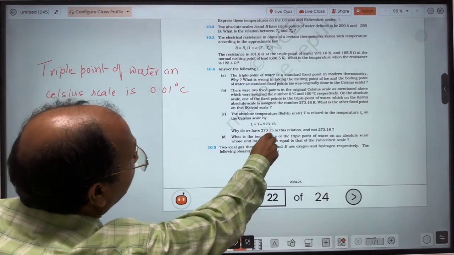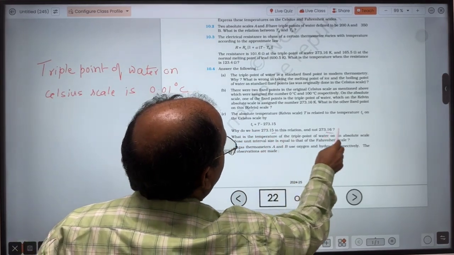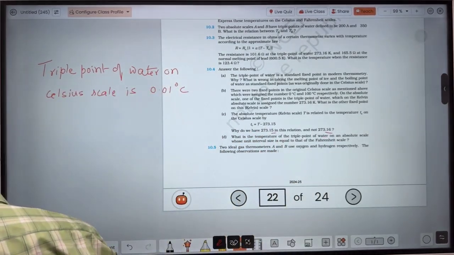That is why the difference of this 0.01 will make it. This is 15, this is 16. So the difference is this. Correct?